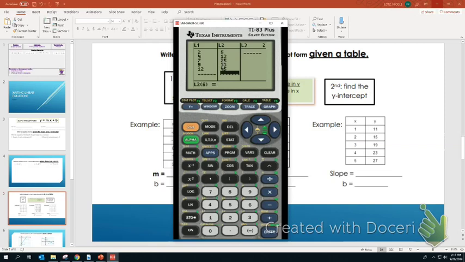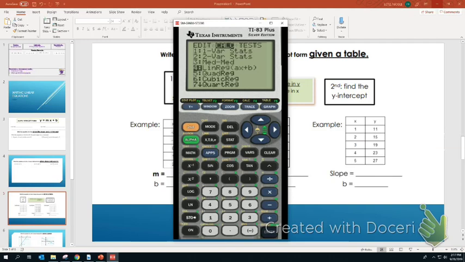From here, I can hit Stat again, arrow over to Calc, and scroll down to number 4. It says LinReg, but if you look, it says ax plus b. So the calculator will write it in our y equals mx plus b form for us. They're just using a for m instead.